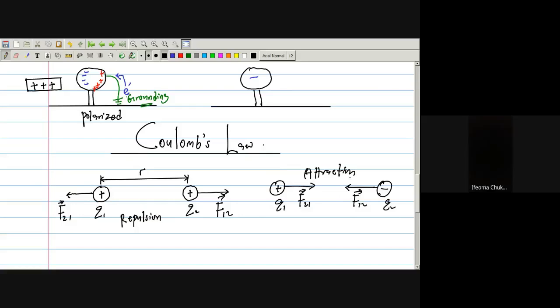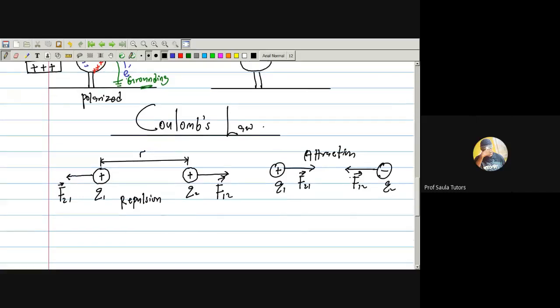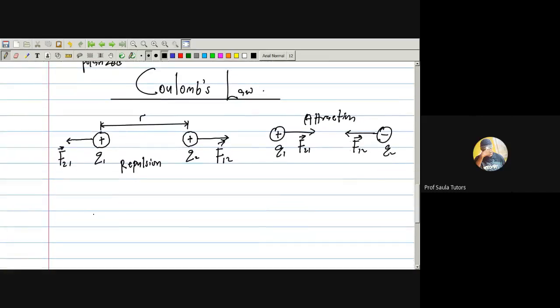Now, what is the statement of Coulomb's law? The electric force F is proportional to the product of their charges and inversely proportional to the square of the distance between them. So there's a constant here, which is Coulomb's constant K. Then magnitude of Q1, magnitude of Q2, all over R squared, the distance between them.